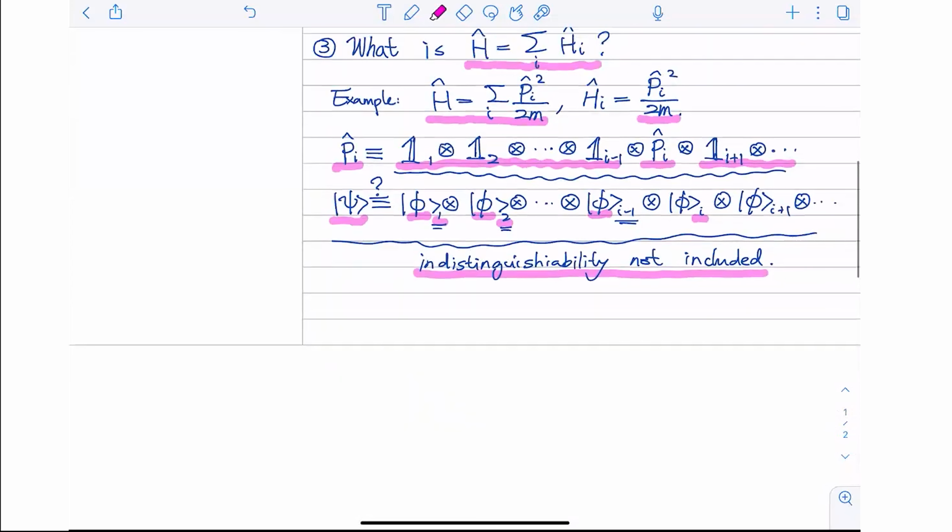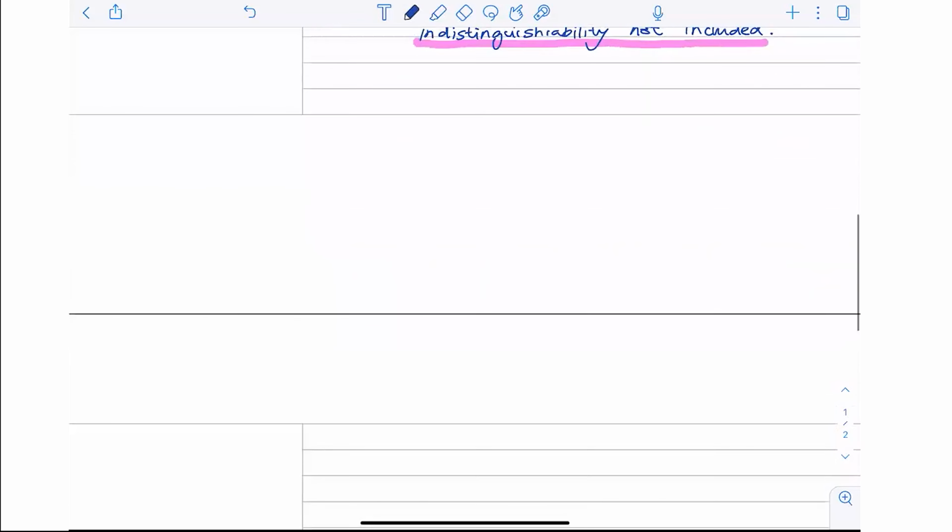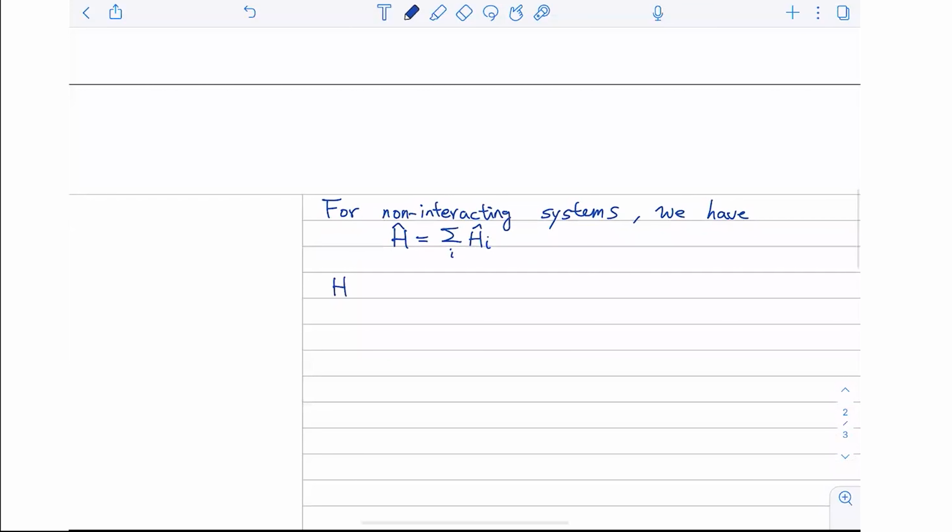Now I'm trying to use this simple example and get back to the more general consideration. So for non-interacting systems, the total Hamiltonian is the summation of the Hamiltonians of individual particles, and the Hamiltonian of the ith particle is represented by this.